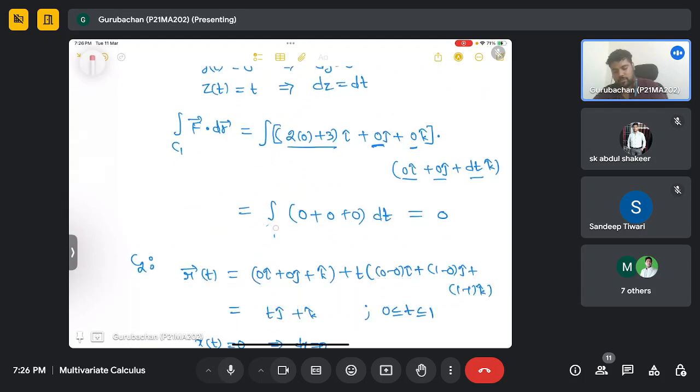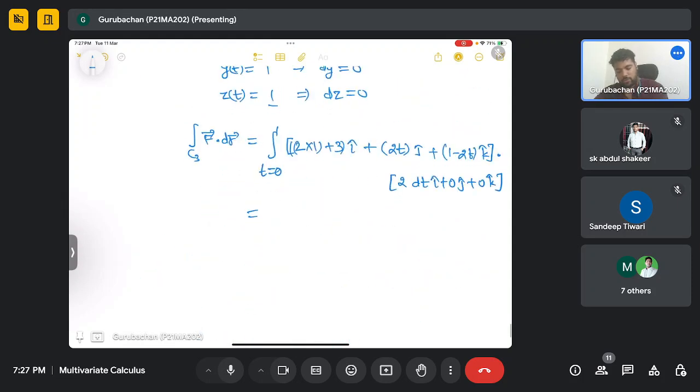So this C1 curve is nothing but 0 to 1 integration. Okay. So from here you will get t from 0 to 1, 5 into 2 times dt, which will be 10.